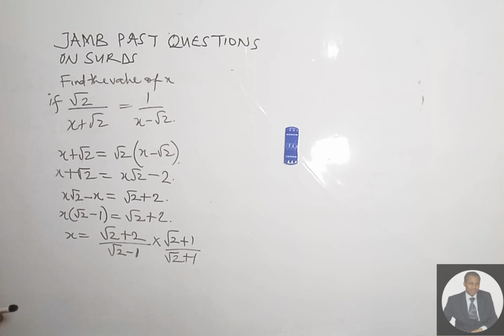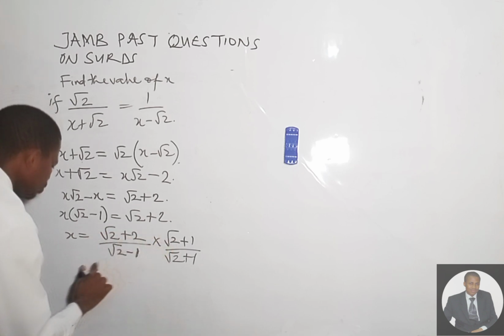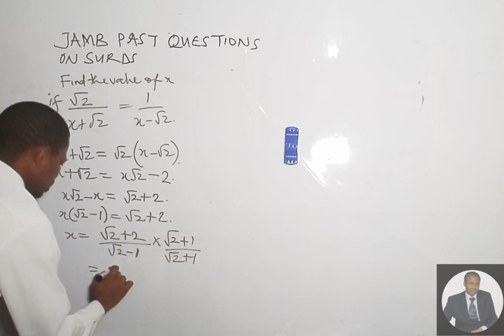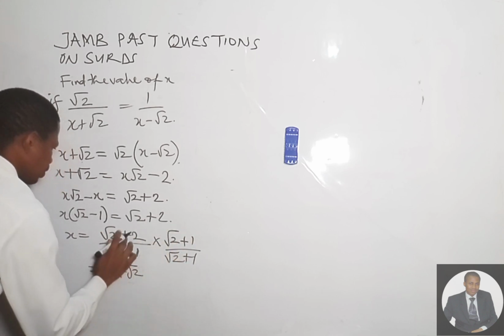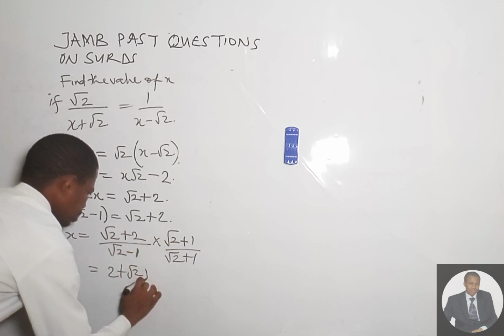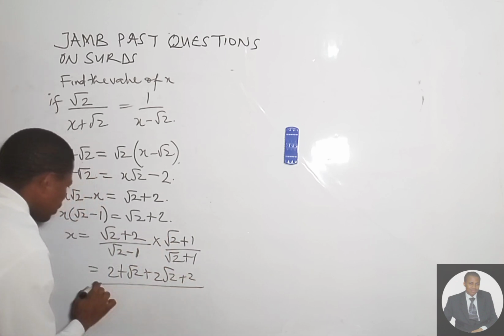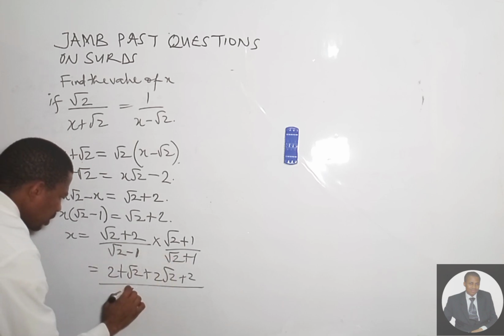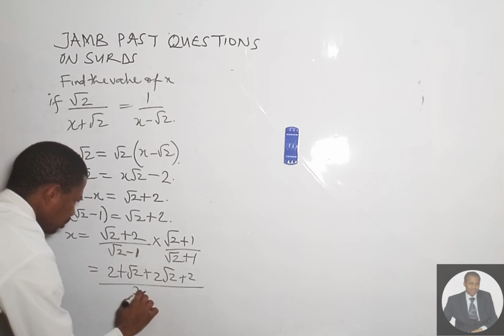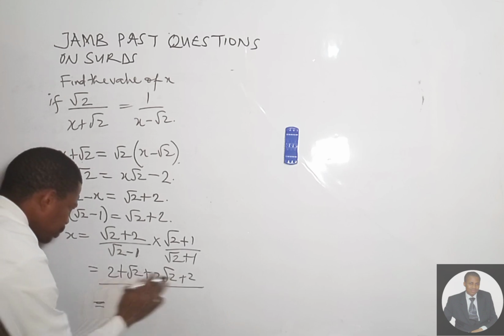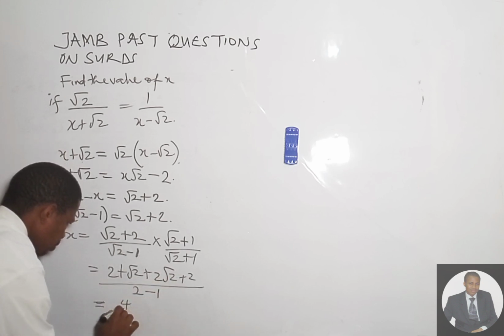Multiply both sides by the conjugate. What do we have? Root 2 times root 2 is 2. Root 2 times 1 is root 2. 2 times root 2, that's 2 root 2, plus 2 over. Since this is conjugate, what we have is 2 minus 1. So our final answer will be what? 2 plus 2 is 4.